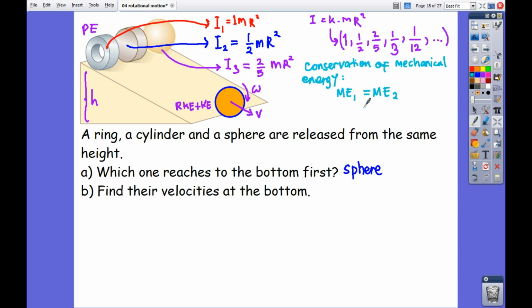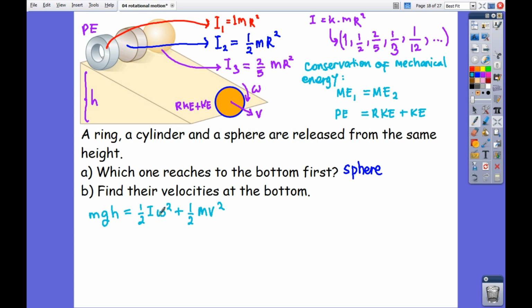In the first condition, the object only has potential energy, while in the second one, there is rotational kinetic energy and kinetic energy. Let's write down here potential energy m g h equal to half I omega squared added by a half m v squared.